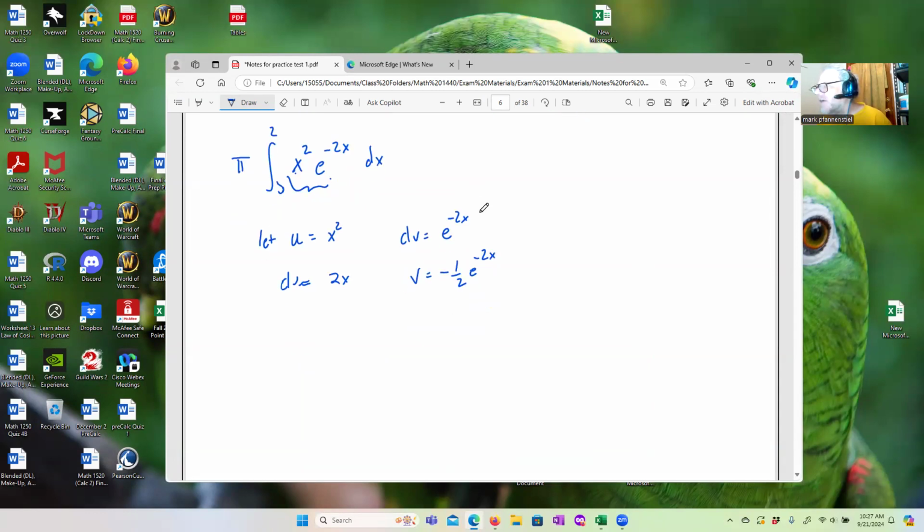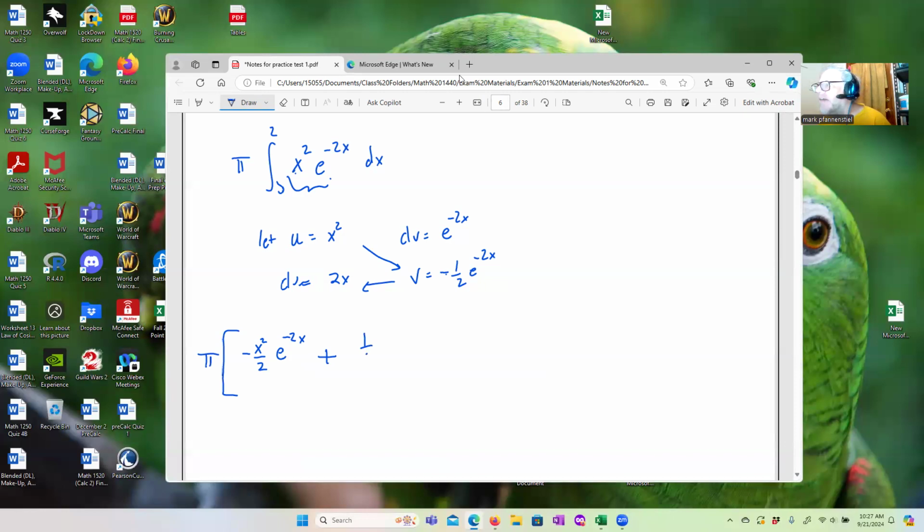Okay, so let's go ahead and start that integration. We have pi all the way out front, don't forget that. And then we have uv minus the integral of v du. So we have negative x squared over 2 e to the negative 2x minus, but remember it's minus of minus, so that turns into a plus.